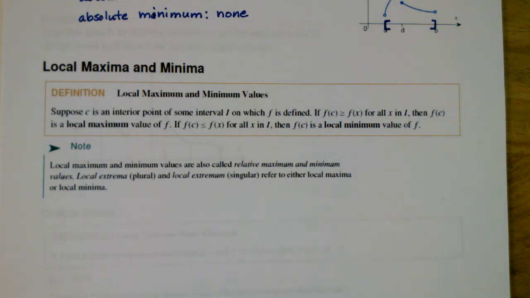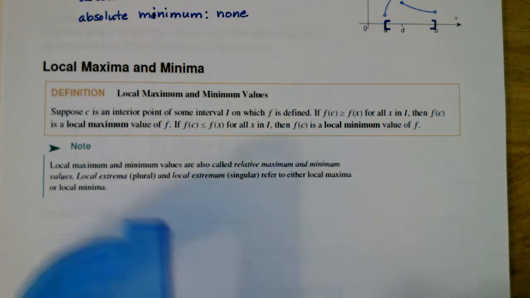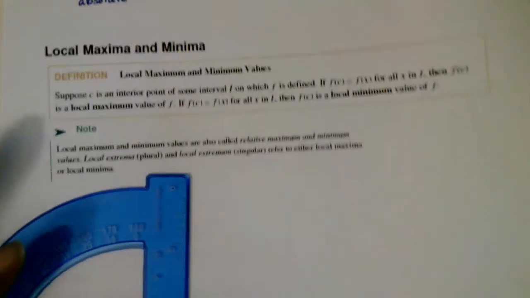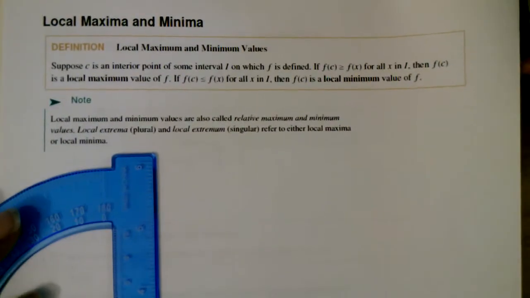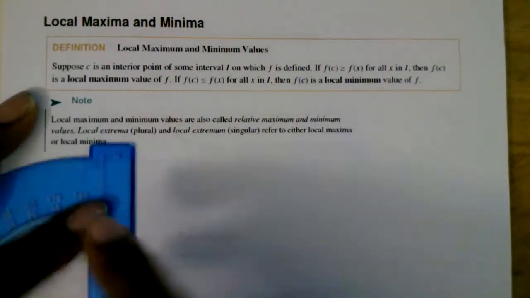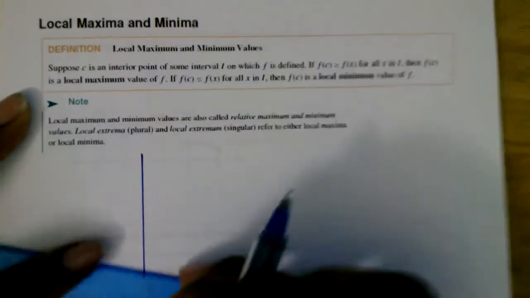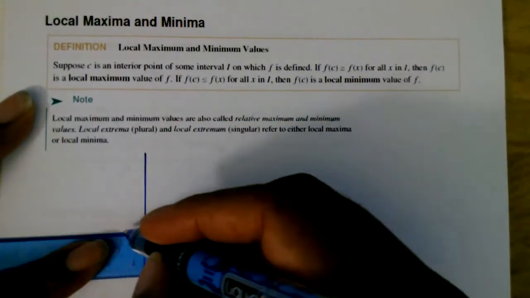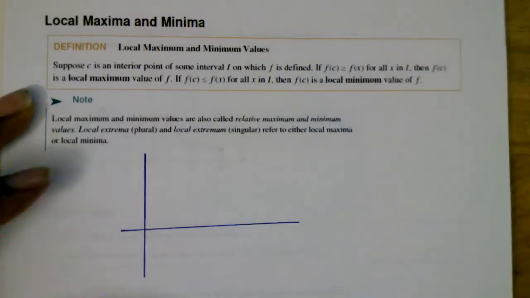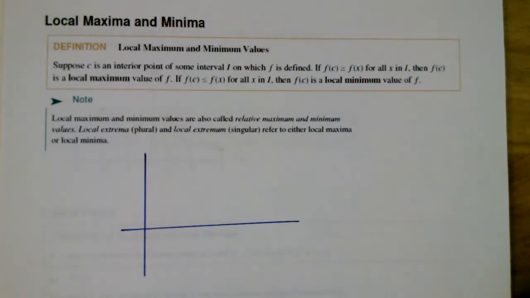Okay. Now, you've probably seen this before in a college algebra class when we talk about relative maximum and relative minimum. Let's say we had a graph that looks like this. Well, I'm just drawing the vertical and the horizontal axes. Let's say my graph looked like this.